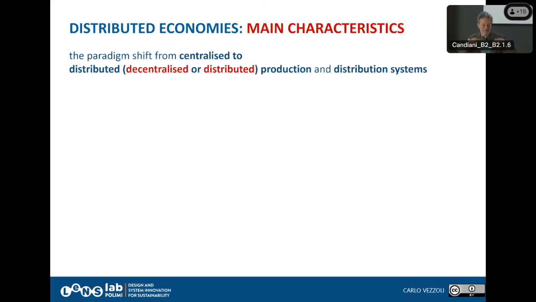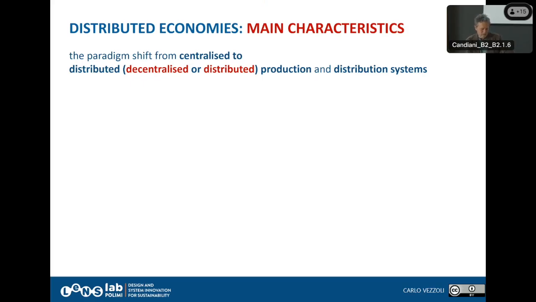To make a graphical synthesis of this shift to centralized, to distributed, and to see that we have, even when speaking about distributed, a slightly different type of distributed, which is called decentralized, we will see in a while. I will show you now a synthetic diagram, which is this.